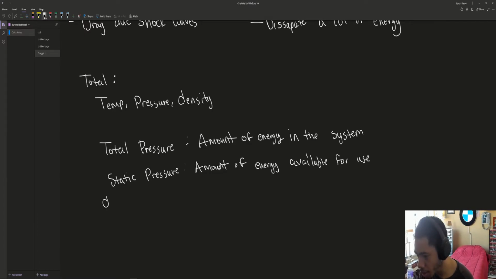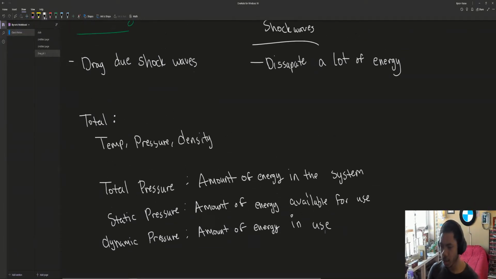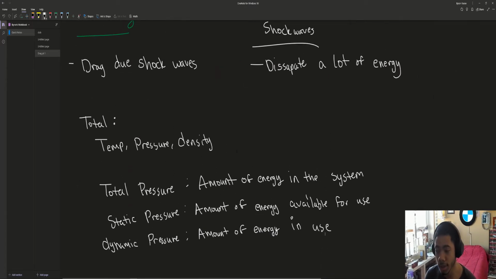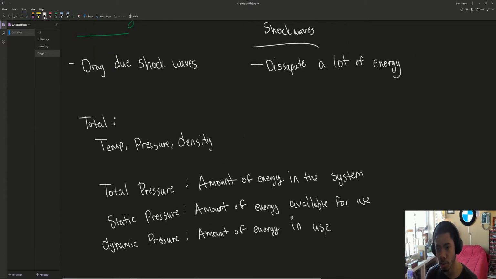And then our dynamic pressure is our amount of energy in use. And so what we find out here is that with a shock wave, some of this energy is dissipated, and specifically our total pressure, which means that the amount of energy in the system that it has is less.